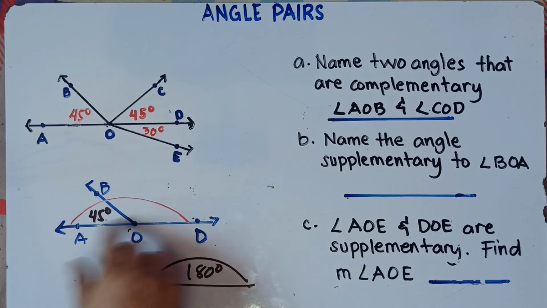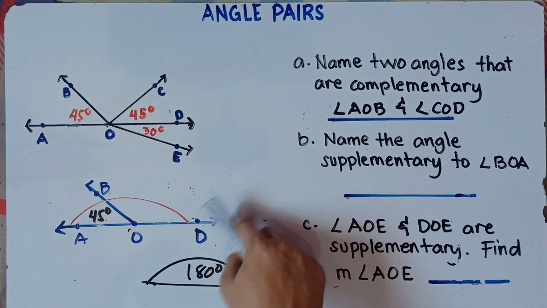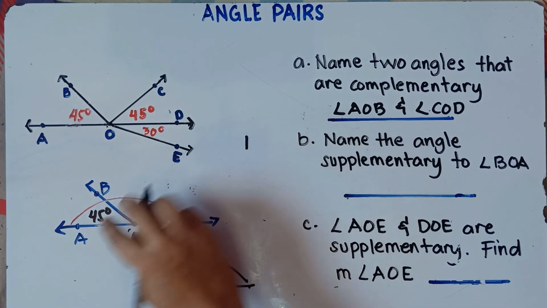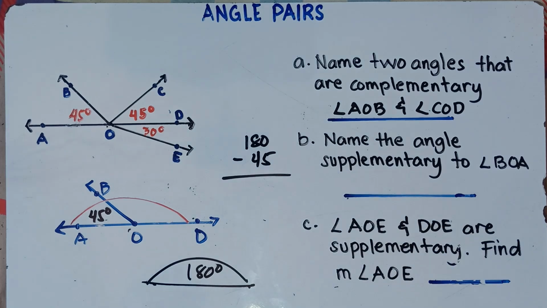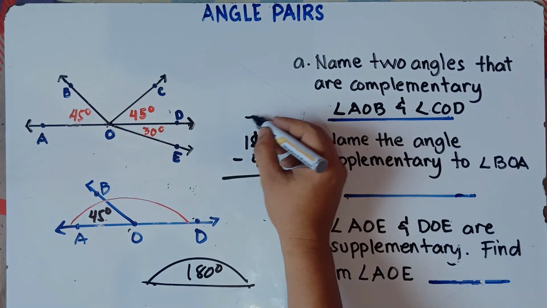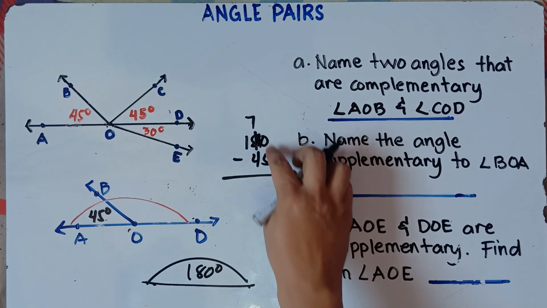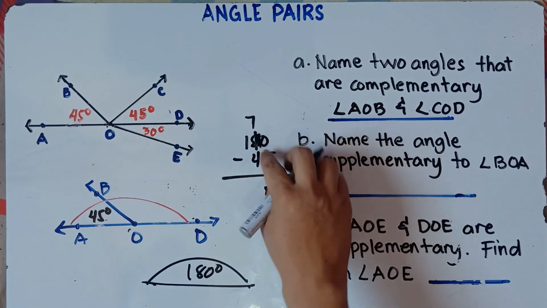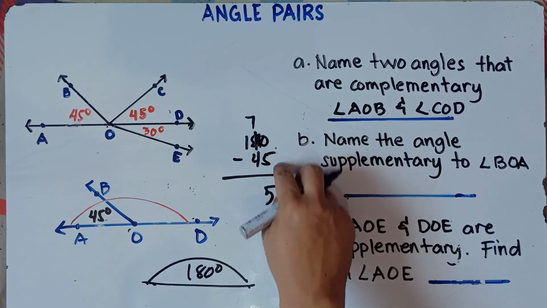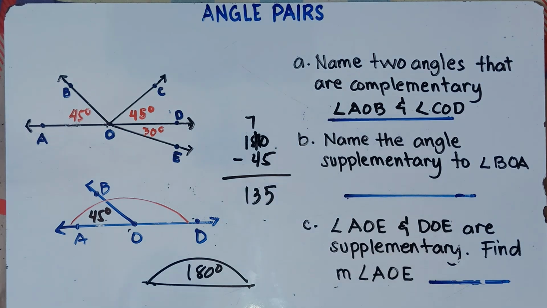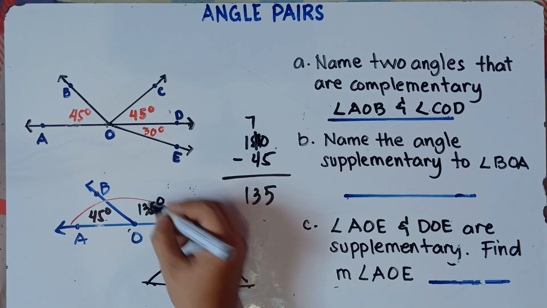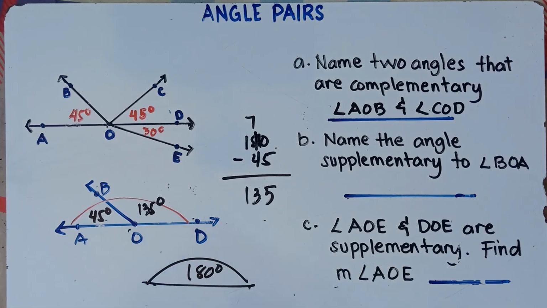To get it, we can just do the mental calculation and subtract 45 from 180. 180 minus 45: borrow 1, this becomes 7, this becomes 10. 10 minus 5 is 5. Then 7 minus 4 is 3. So we get 135 degrees. Angle BOD is 135 degrees, plus 45, that would be 180 degrees.